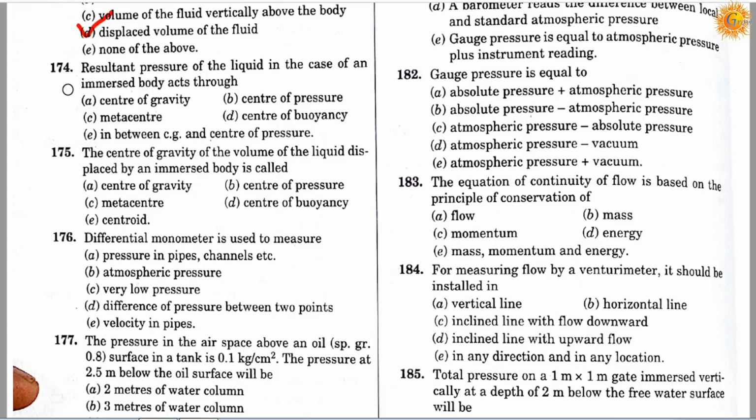Question number 174. The resultant pressure of the liquid in the case of an immersed body acts through: option A, center of gravity; option B, center of pressure; option C, metacenter; option D, center of buoyancy; and option E, in between center of gravity and center of pressure.